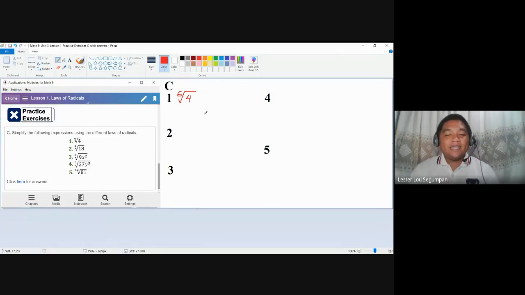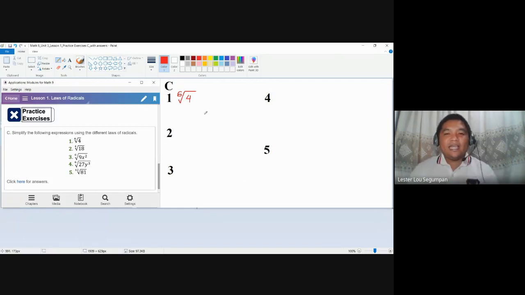The next is 64, because when you multiply 2 six times: 2 times 2 is 4, times 2 is 8, times 2 is 16, times 2 is 32, times 2 is 64. As you have noticed, that's already very large, from 1 to 64.